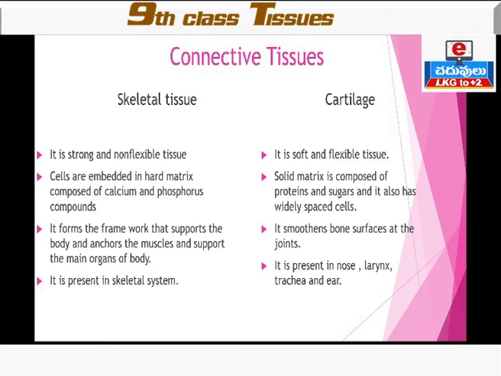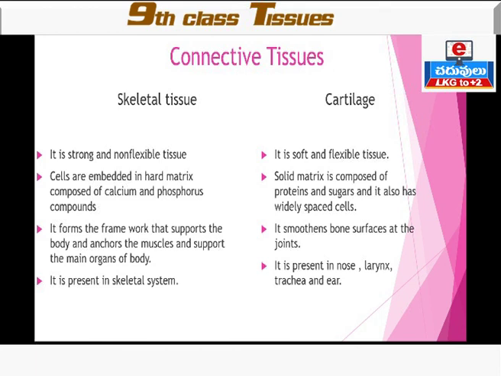Or what are osteocytes? In that way questions will come. They will not ask you to describe the structure of skeletal tissue or cartilage. But one important question they can ask is: the ground matrix of skeletal tissue is made up of dash, and the ground matrix of cartilage is made up of dash and dash. So in this way questions can come.